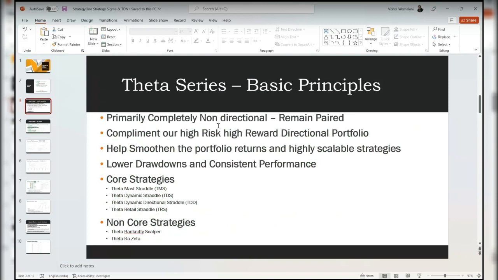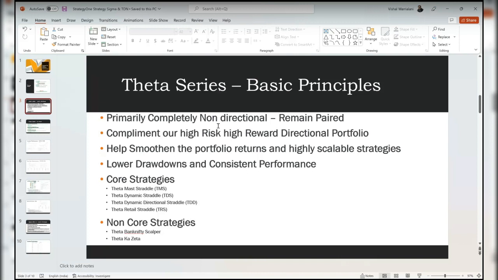Theta strategies are very scalable because of option selling, and these are straddles or strangles. They do complement our directional portfolio with risk and high risk strategies that we have. There is a negative correlation between them. We have discussed that quite a few times.